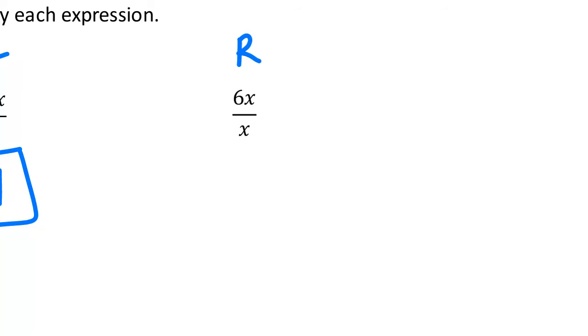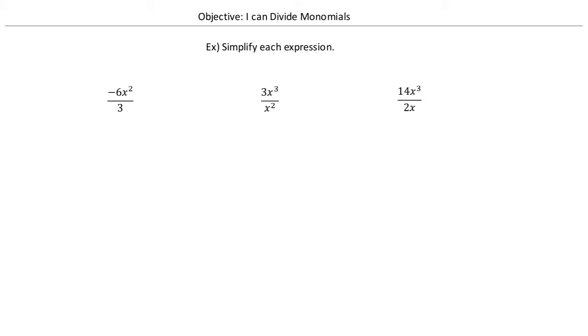Okay, and righties, so your partner, what did you guys get? All right, tell me your answer in 3, 2, 1. 6. Awesome. All right. Let's try some more examples together.